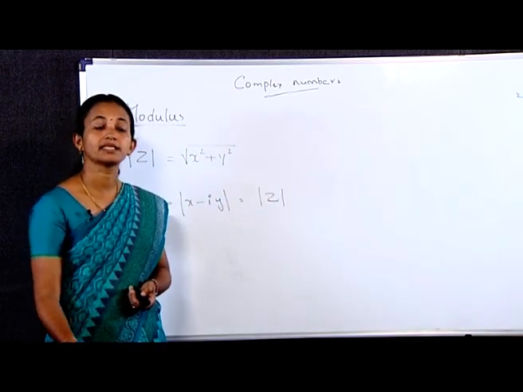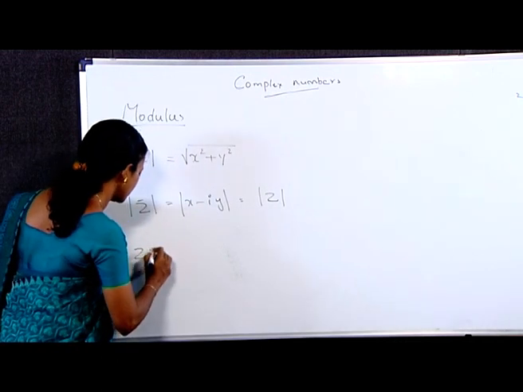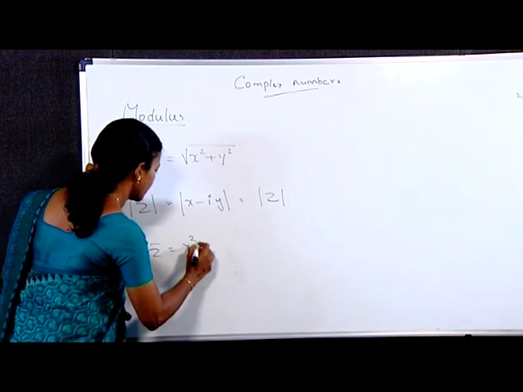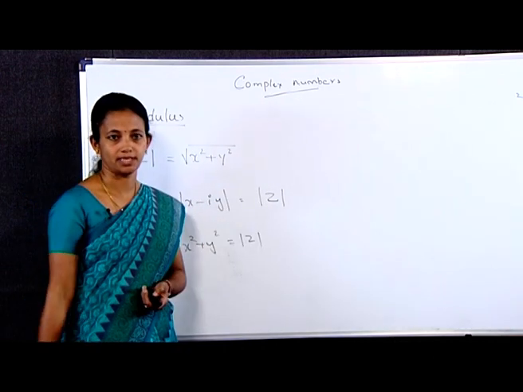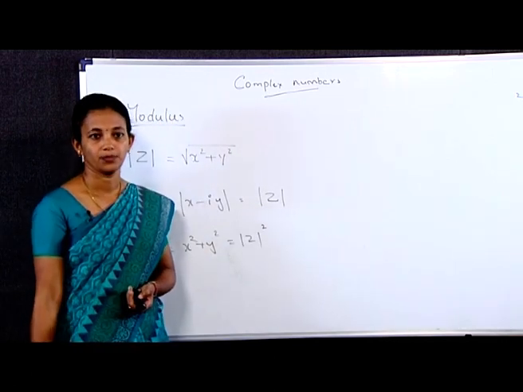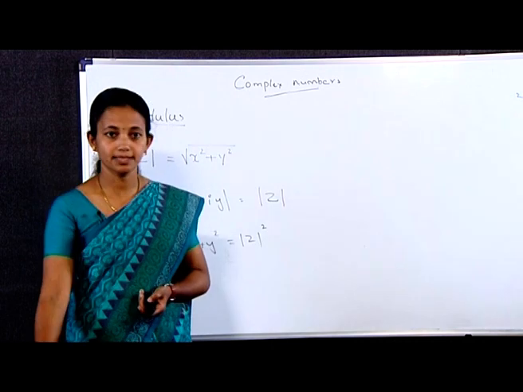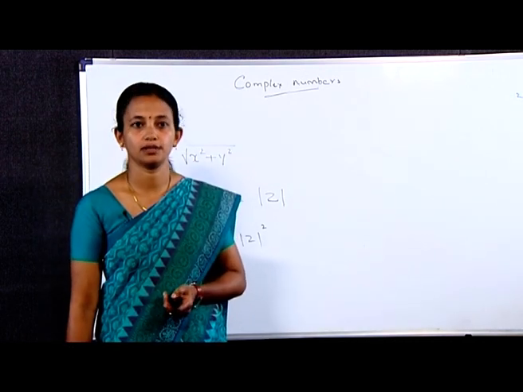Next we have z into z conjugate. z into z conjugate is equal to x square plus y square, which is mod z square. If z1 and z2 are two complex numbers, then the following hold.